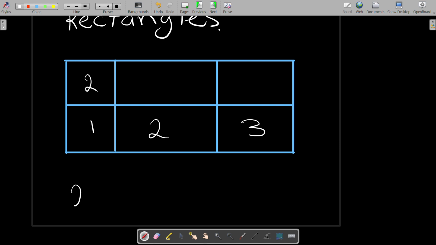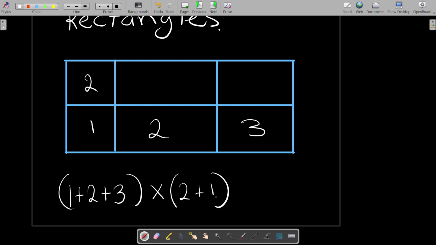So we would do 1 plus 2 plus 3. And then we would multiply. And then we would add the number of rows. So we would do 2 plus 1. And that's how we would get the number of rectangles in an uneven figure.